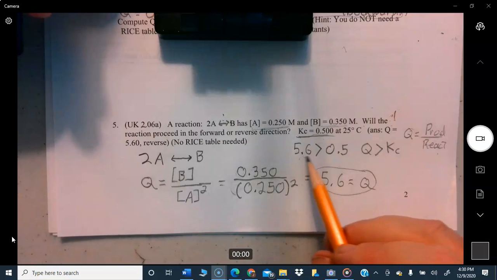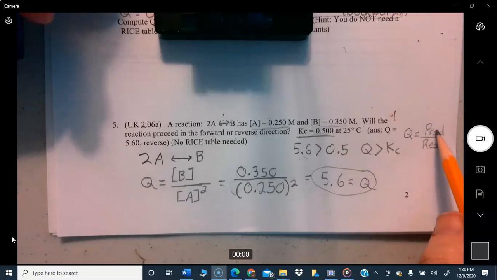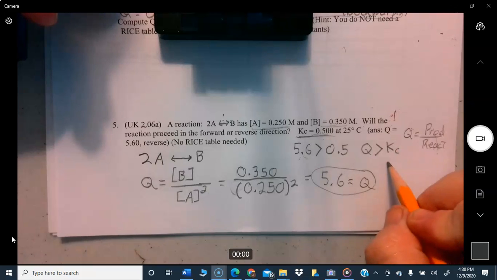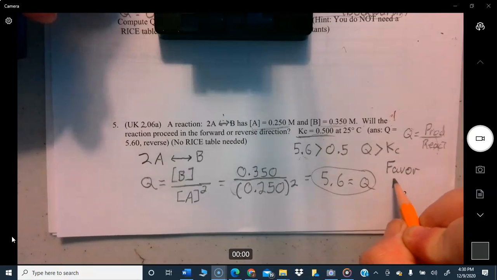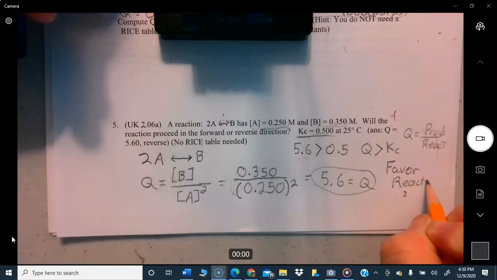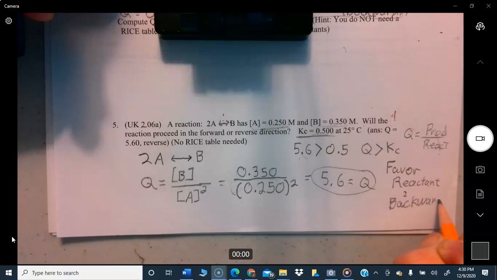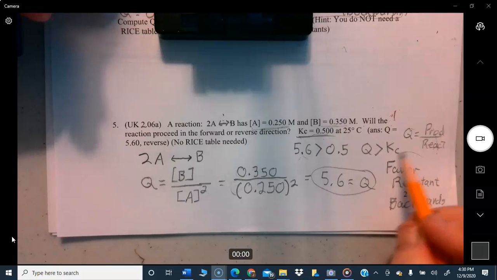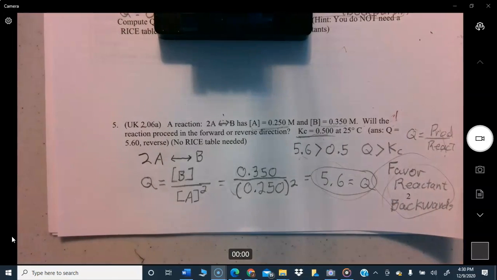That's why this number is too big. Too much up here, not enough down here. So this is going to want to move backwards. It's going to want to move from products back to reactants. So again, it's going to favor reactants. It's going to move towards reactants. That's backwards. Okay, and that's your answer. That's how you do that.